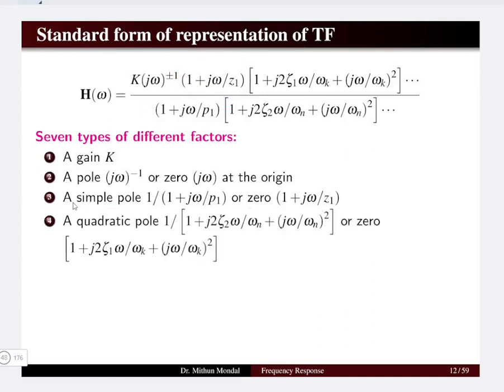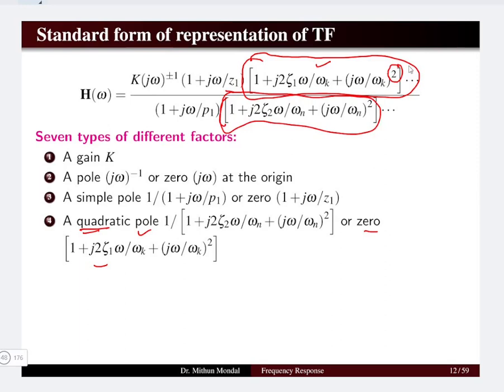The fourth factor is basically a quadratic factor having a pole or a zero. So we can see that a factor which is involved in the numerator of the transfer function is a quadratic zero, and a quadratic pole, because the power of 2 is involved. The pole will be in the denominator and the zero will be in the numerator.